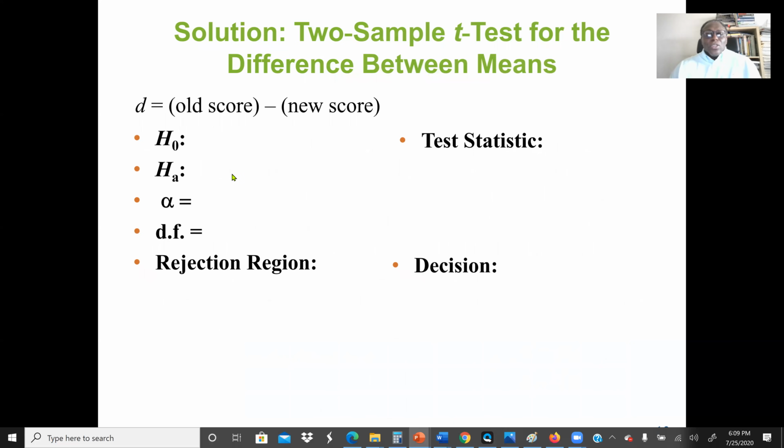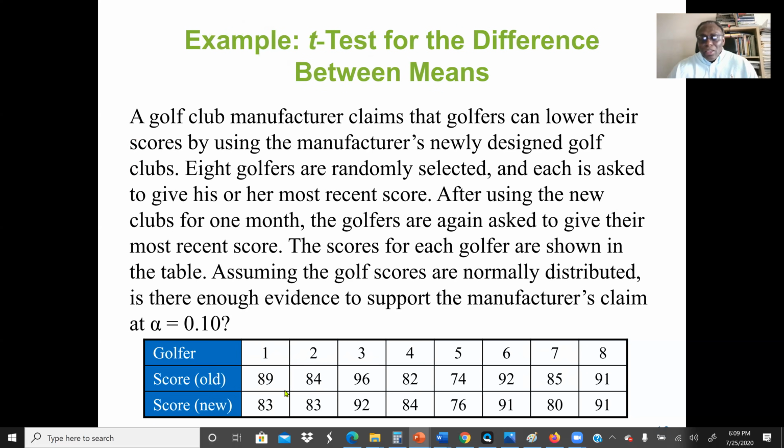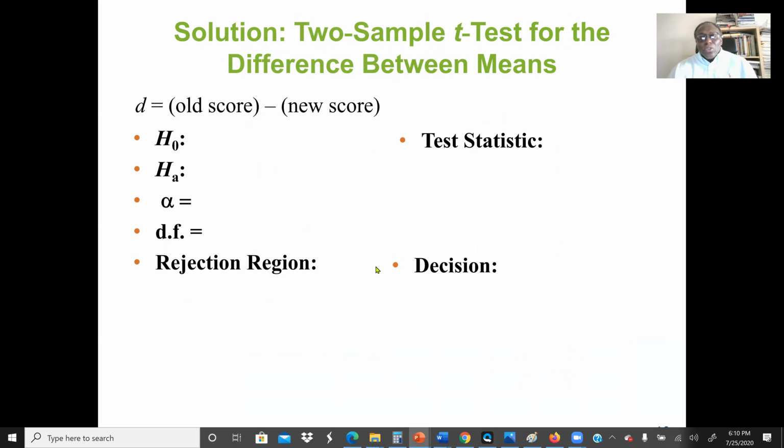So let's start. The first thing we need to do is find the D. The D is the pair difference of the two scores, old and new. So we have D1 to D8, the old score minus the new score.